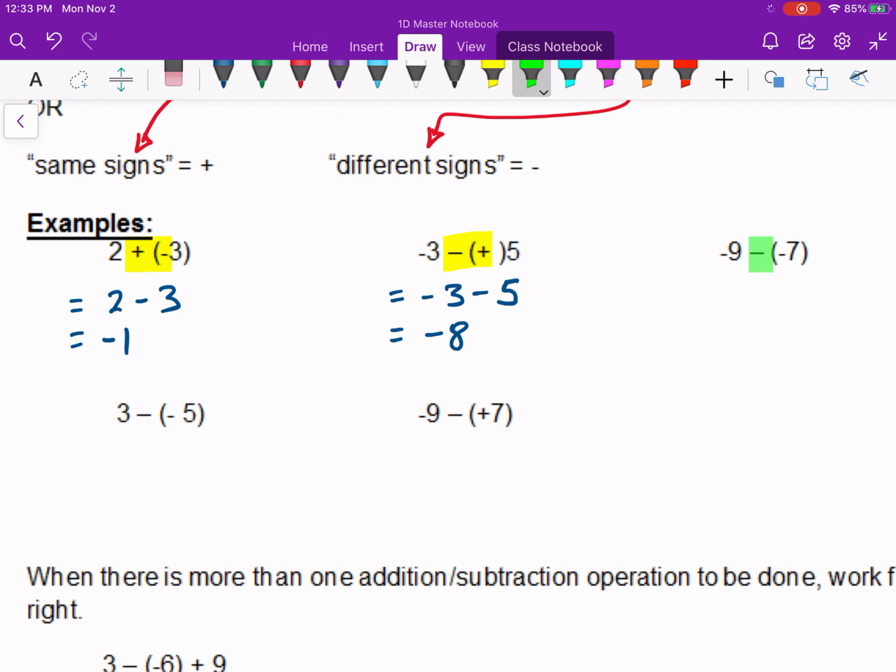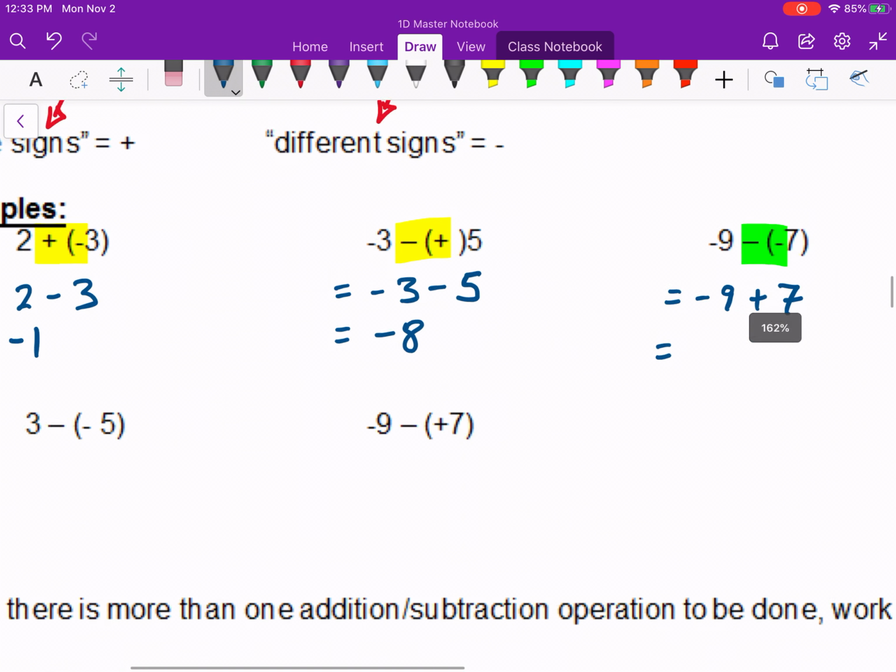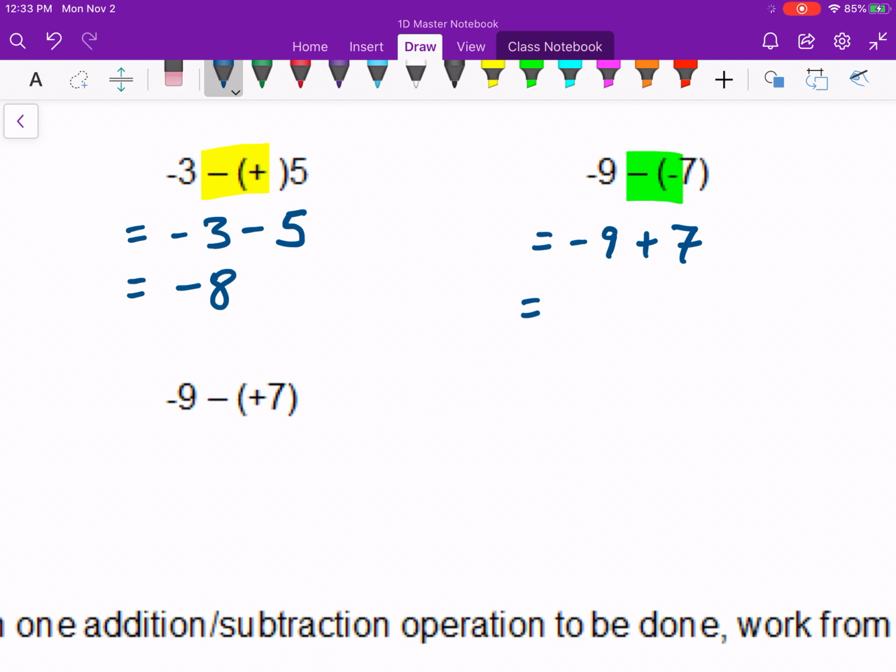Here we've got 2 of the same sign side by side, and so I get negative 9 plus 7. And then for the next step, as far as combining them goes, they're opposite here, opposite in the second line, so I'll subtract 7 from 9, I get 2.